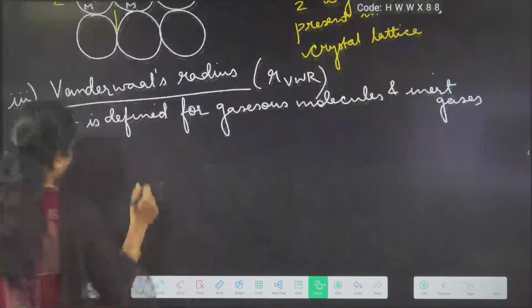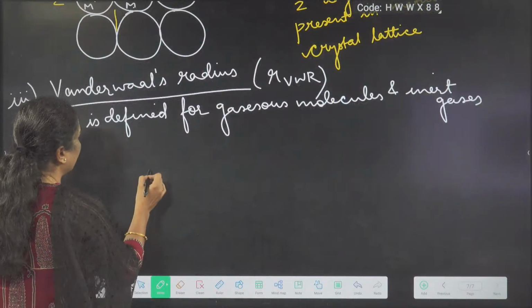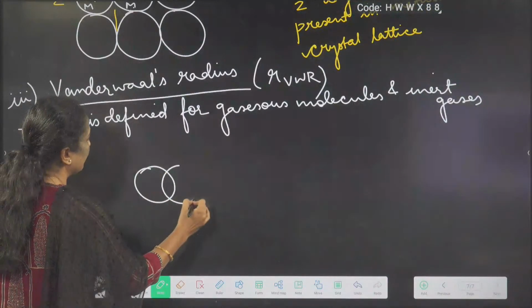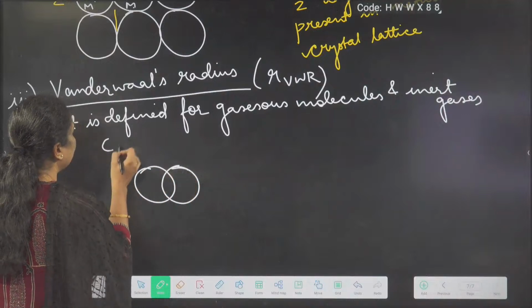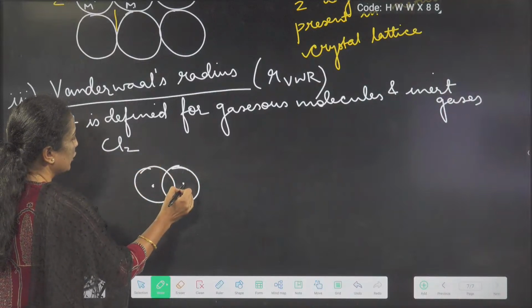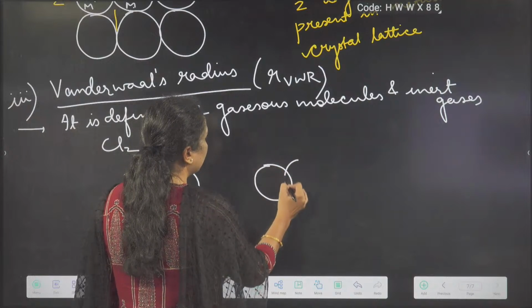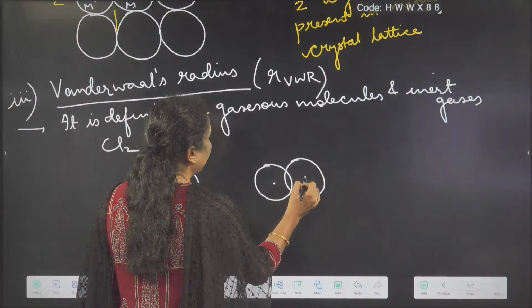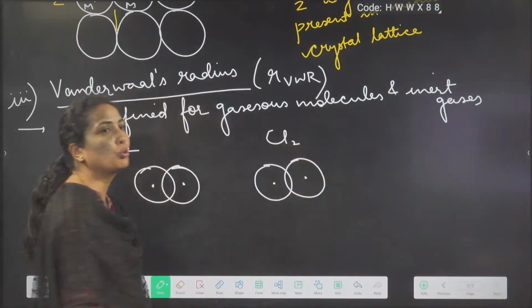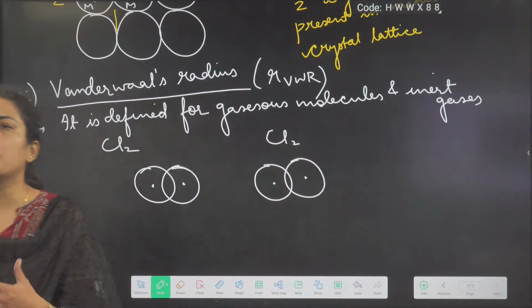Now to understand that, let us say I'm having a sample of Cl2. Okay? So let us say this is one Cl2 molecule, this is the nucleus of it, right? Another Cl2 molecule is there in the sample. Because when I talk about a sample, you do not have just one Cl2 molecule, you'll have more than that.